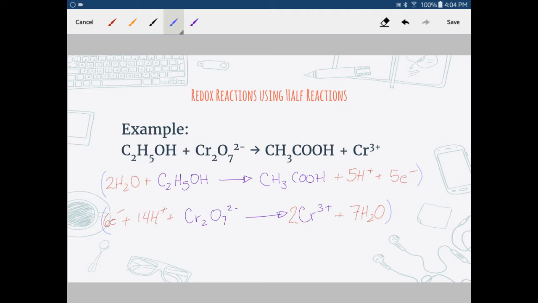I would say 30 is our common entity, so we have 6 and 5. If I need to, I can reduce it at the end as well. So I have 12 waters.